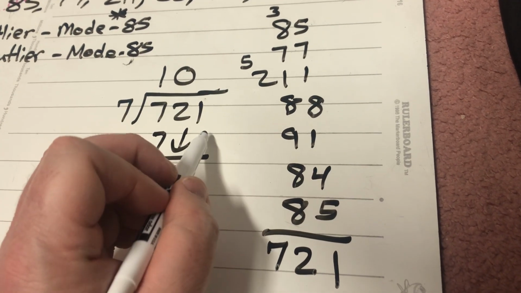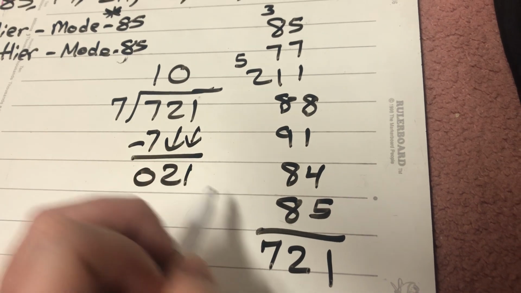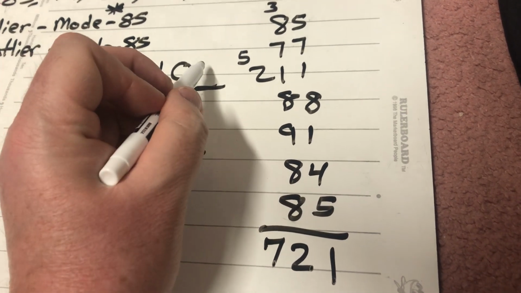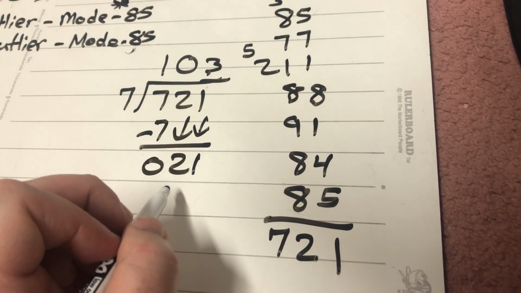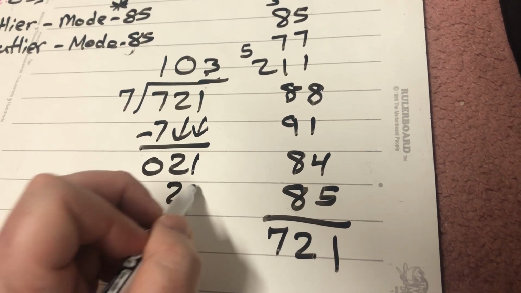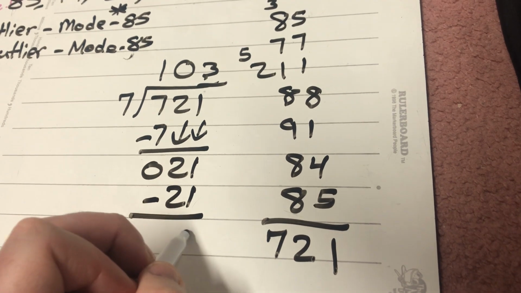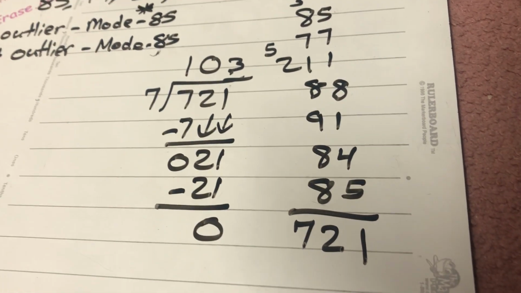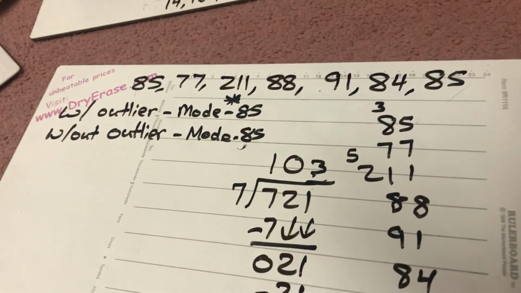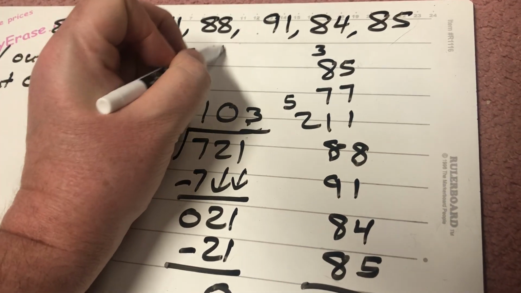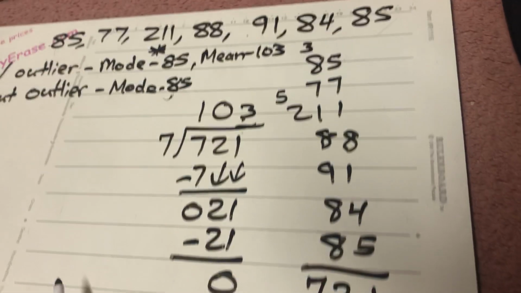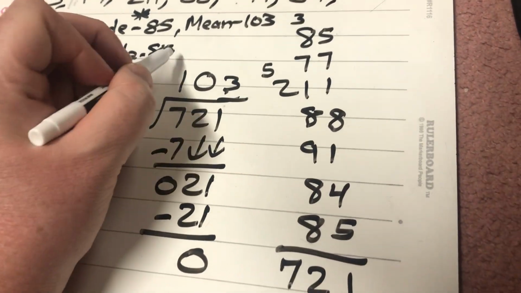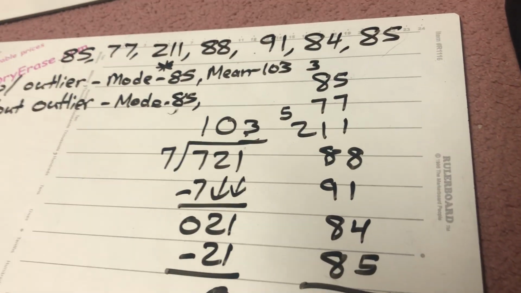As long as I put a 0 there, I can go ahead and drop the 1. 7 can go into 21 3 times. 7 times 3 is 21. 21 minus 21 is 0. The mean with the outlier is 103.